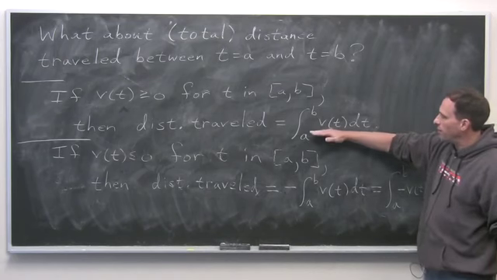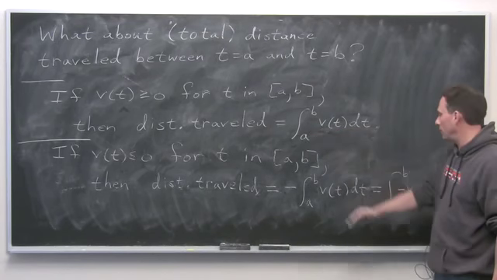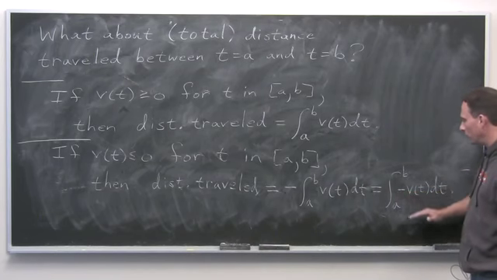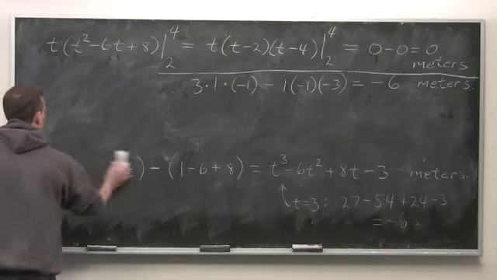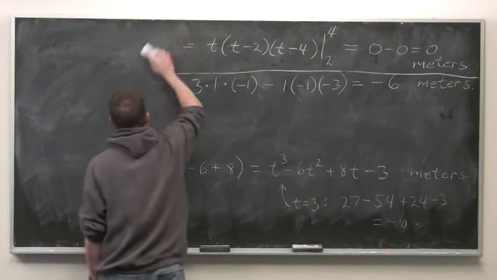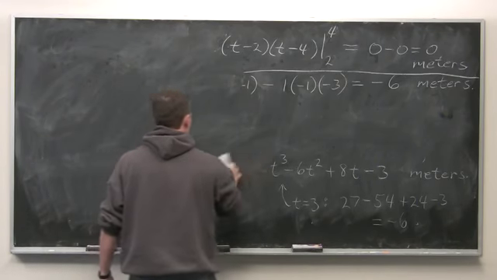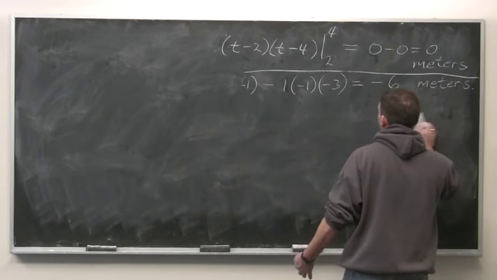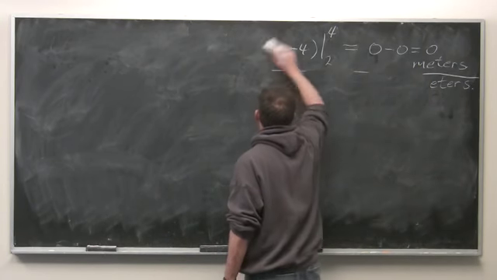Because if v of t is positive, then v of t is the absolute value of v of t. If v of t is negative, then the absolute value of v of t is negative v of t. So regardless of whether the function is positive or negative, and it could be positive on some subintervals and negative on others, it doesn't matter.